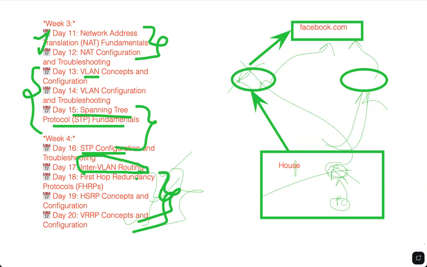Varsha, why do we need FHRP? To provide redundancy to the gateway router. Yeah, so when we have a router as the gateway to leave our company, if the primary gateway fails, there should be a smooth failover to the secondary gateway.